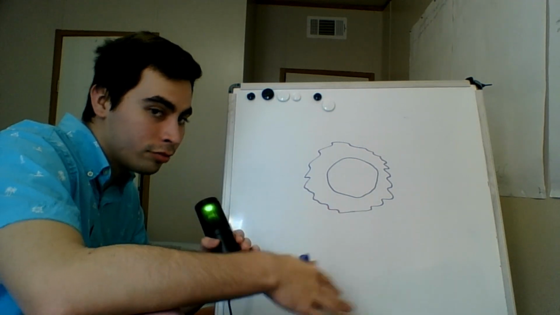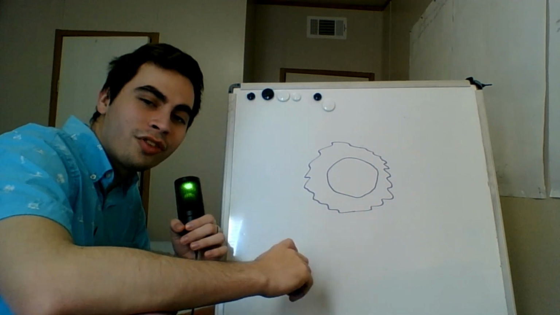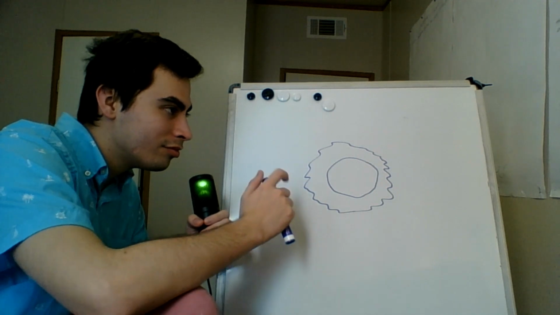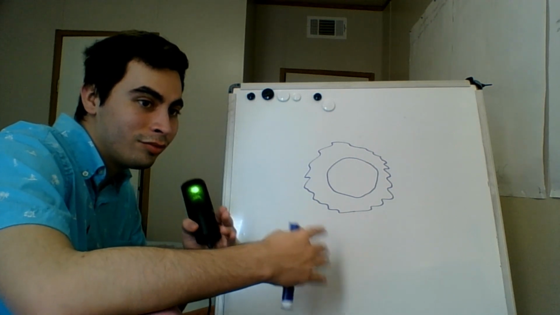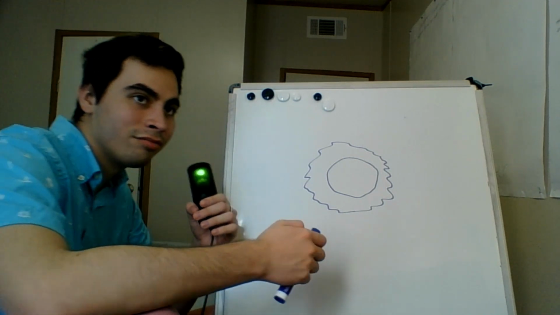Now, you could say, why don't they just go back? That's a good question. It's because dimension shifting is random. And once you dimension shift, you have to rest for at least a day to be able to do it again.